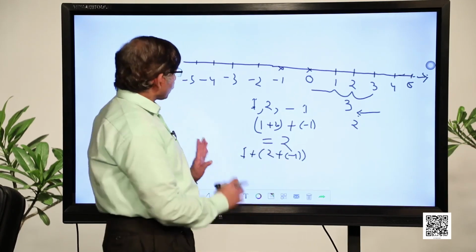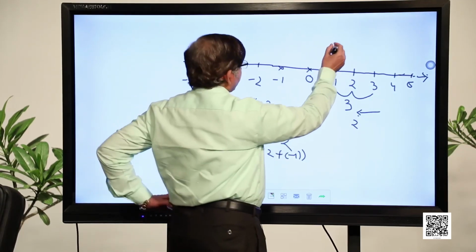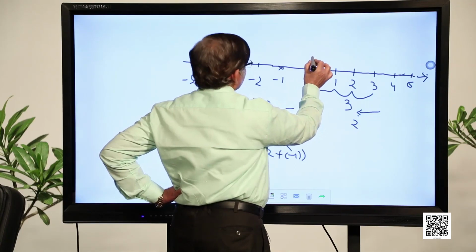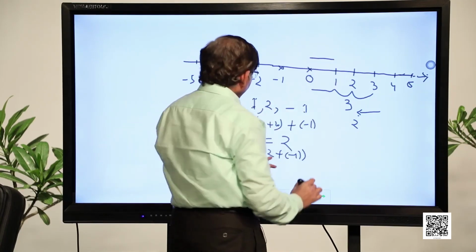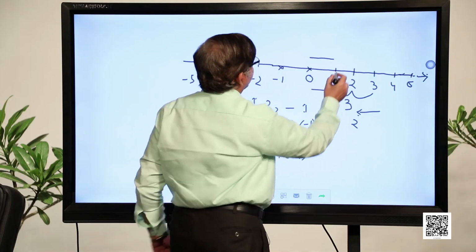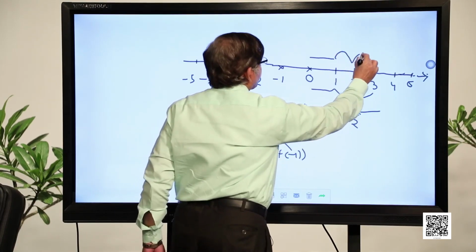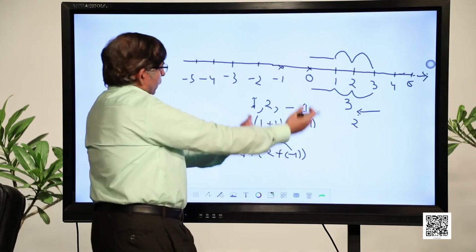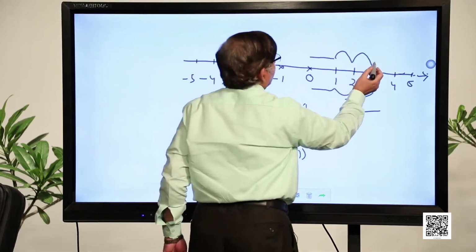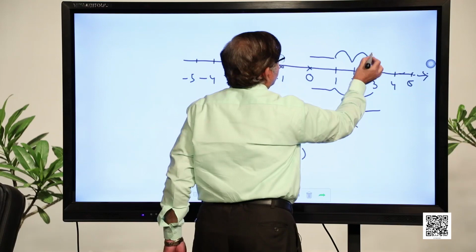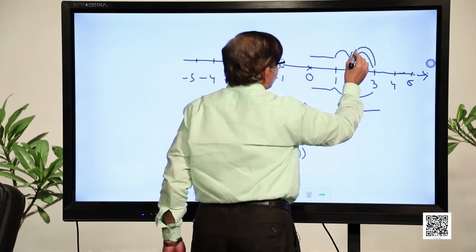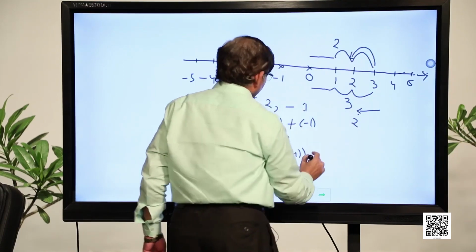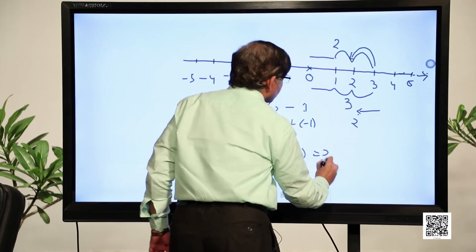How to do it? 1 means again we go this side, and 2 plus -1: 2 steps, 1, 2, and again 1 step back, because -1 will be to the left-hand side of the number line. So, we come up to here. So, this is also giving us 2.